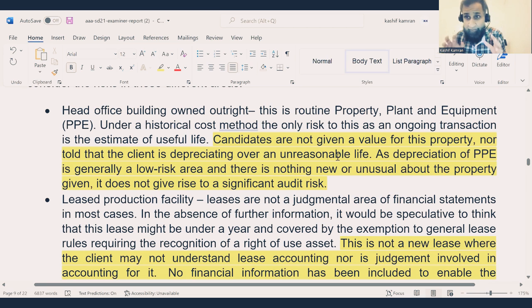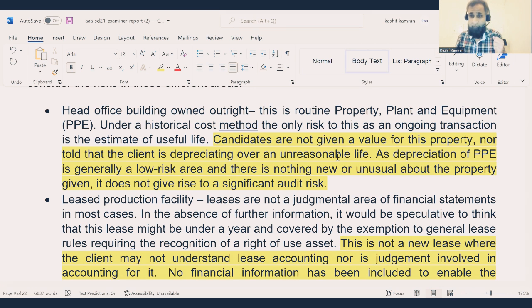See, when the examiner was telling you that the company owned a head office, was the examiner telling you more information about the head office? Was the examiner telling you about the useful life of the head office, about the depreciation policy of the head office? Examiner was silent. Was the examiner even giving you a value of the head office? No. So that means it was an unimportant risk. A lot of the time a risk becomes important when you have materiality calculations involved with it.